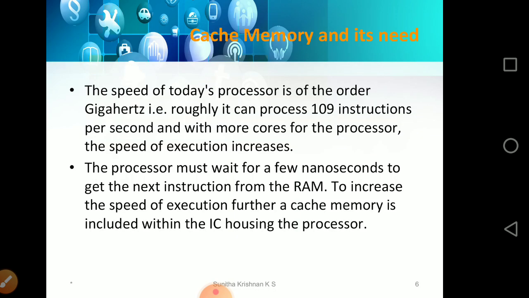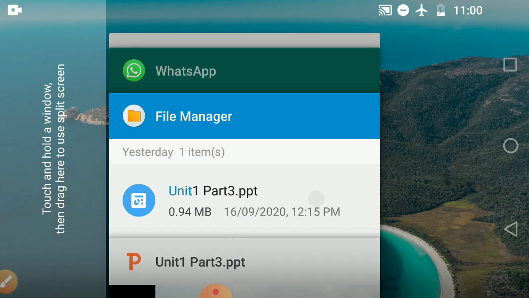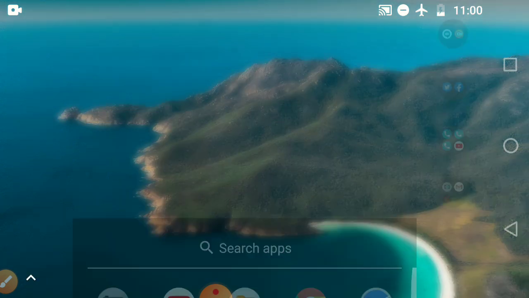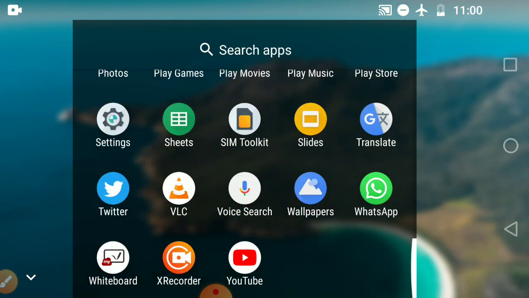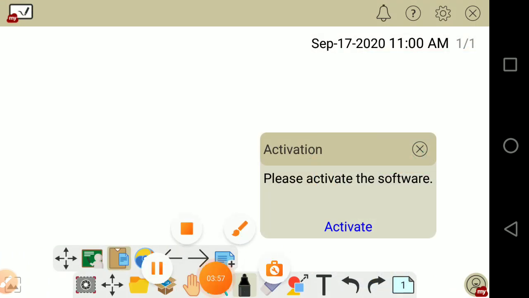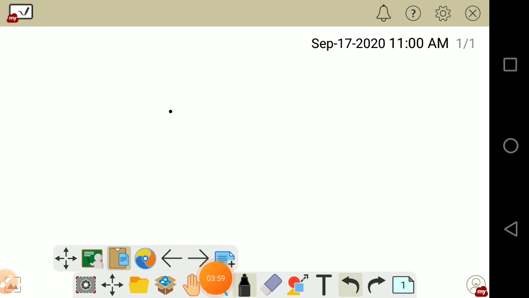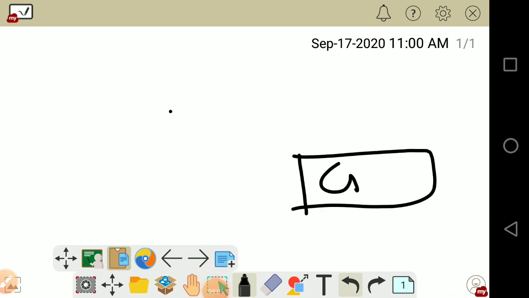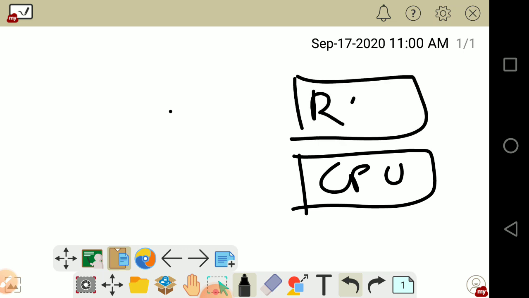Similarly, you have the cache memory. I can explain with the help of an example. Consider that you have the CPU here, and you have the primary memory, which is RAM.